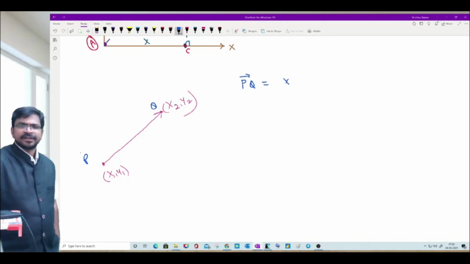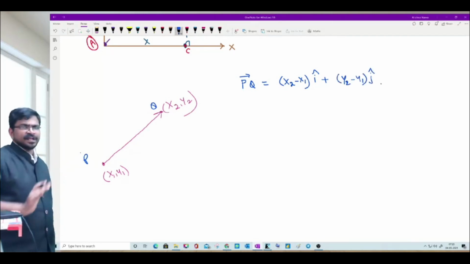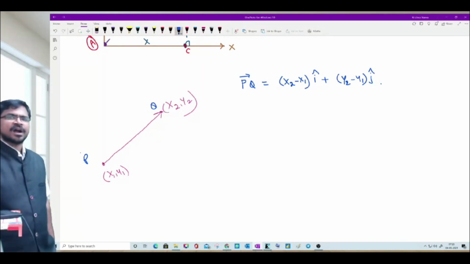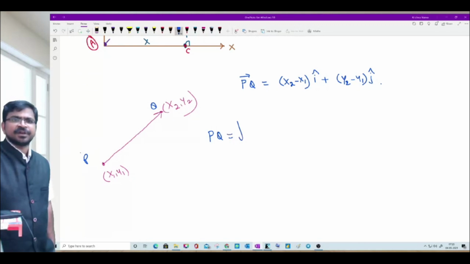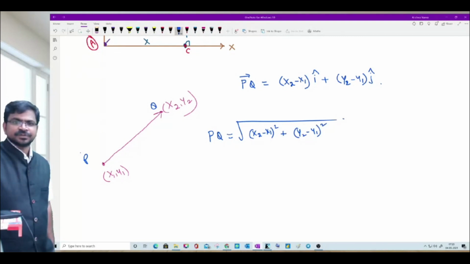We know it is x2 minus x1 in i direction plus y2 minus y1 in j direction. This one we have discussed earlier. According to the general form, PQ is the square root of x2 minus x1 whole square plus y2 minus y1 whole square.